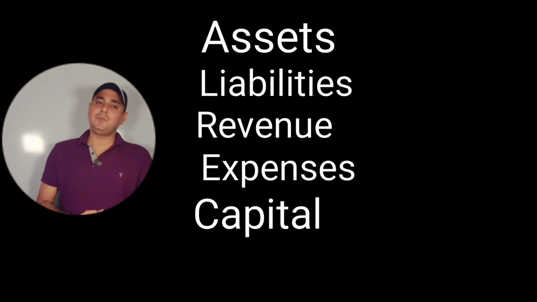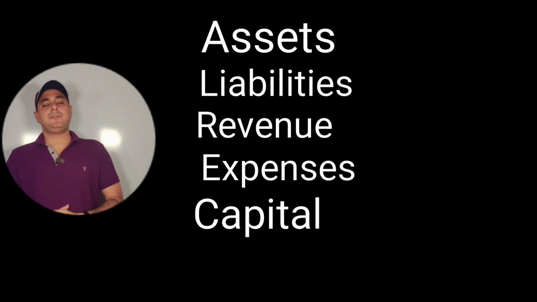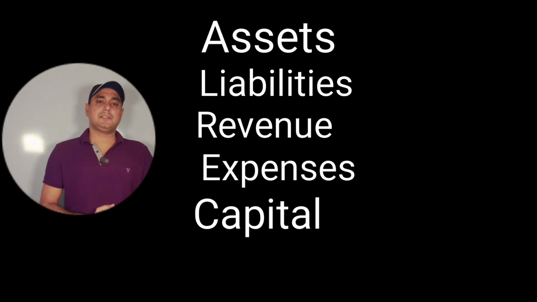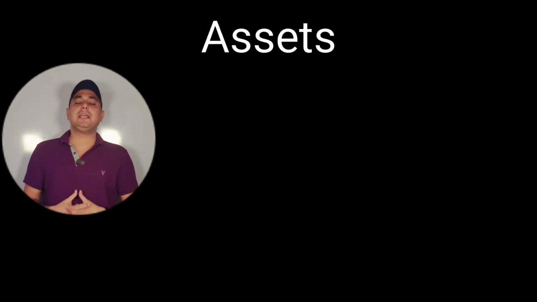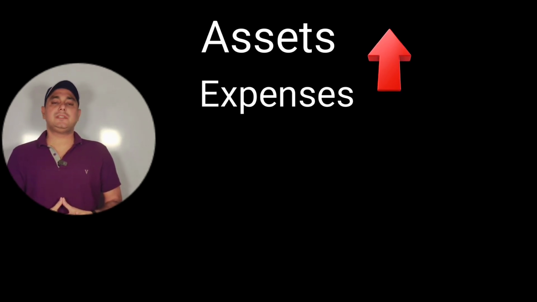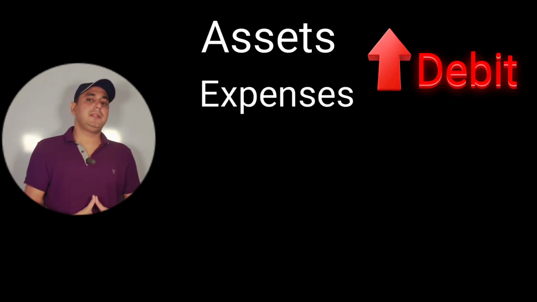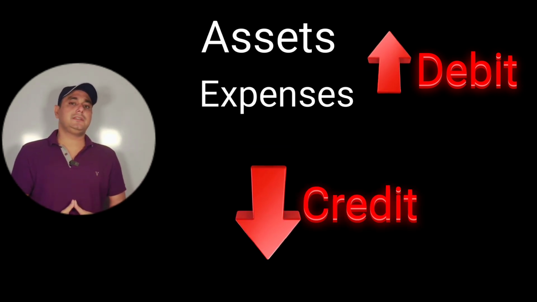After categorizing, you need to apply the rule, because the rule for each type of transaction or each category of transactions is different. The rule for assets and expenses is, when assets and expenses increase in the business, we debit it. When assets and expenses decrease in the business, we credit it.